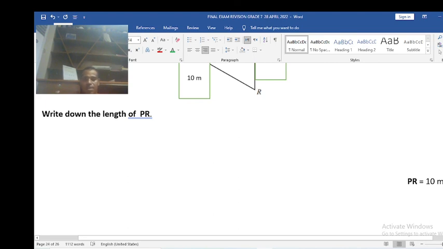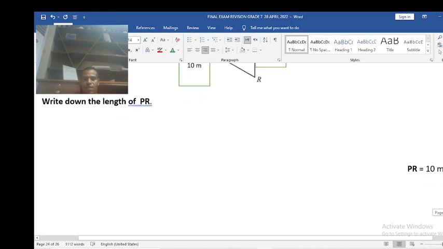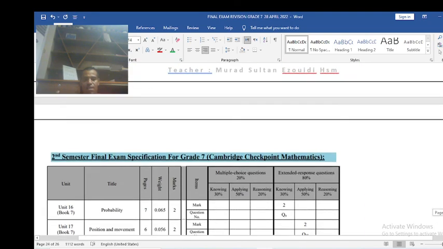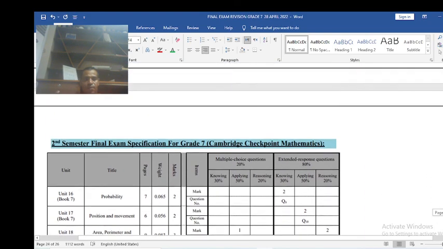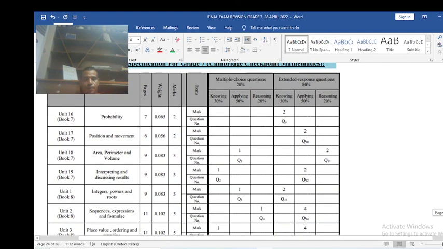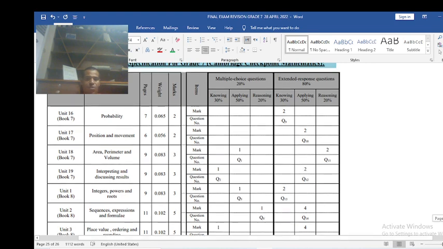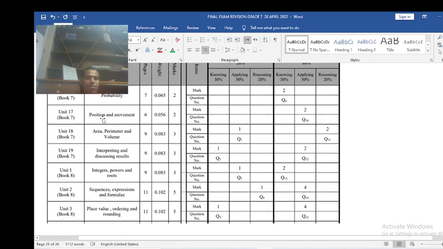Good luck for the final exam. For the specification of this final exam, we are going to work with probability, then position and movement, then area and perimeter and volume, interpreting and discussing results. That means unit 16, book 7, unit 17, book 7, unit 18, book 7, and so on.